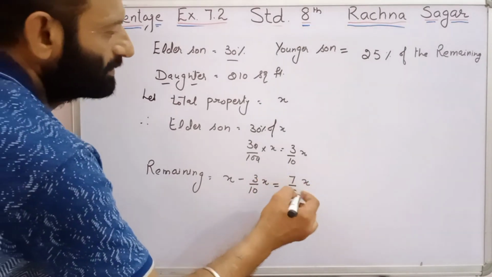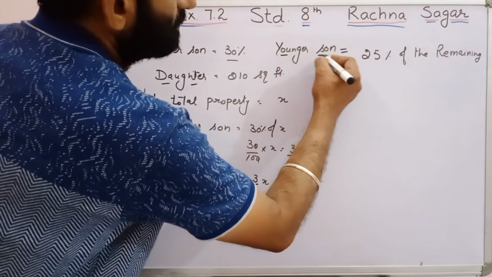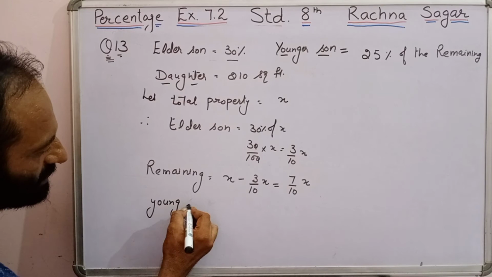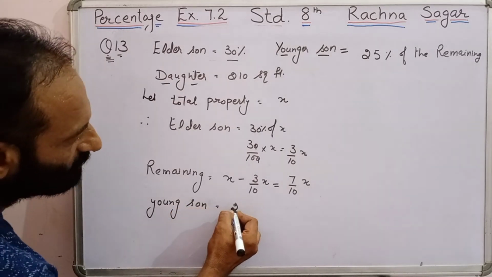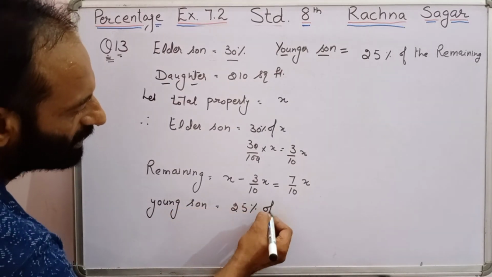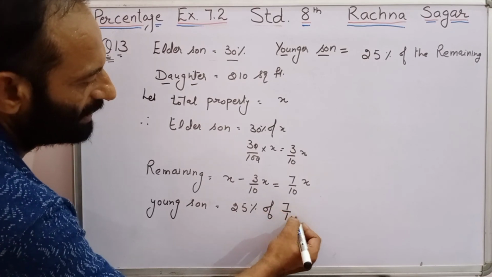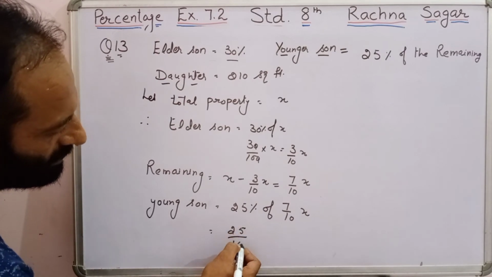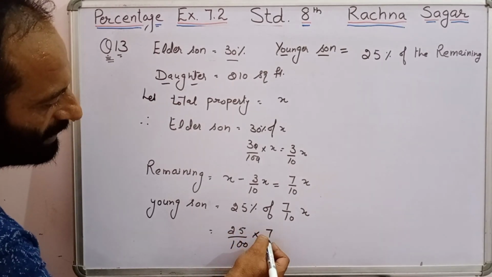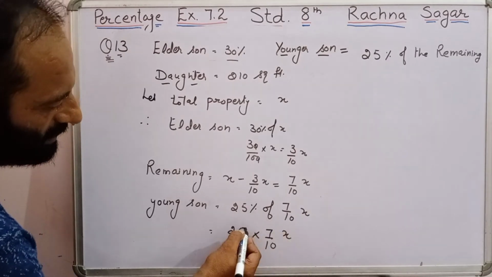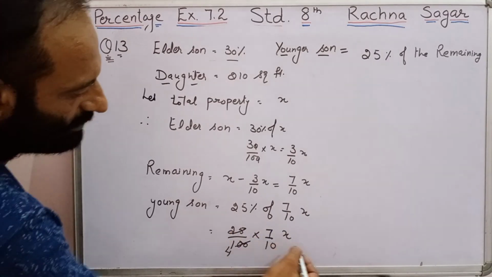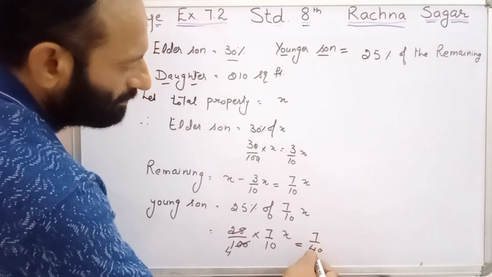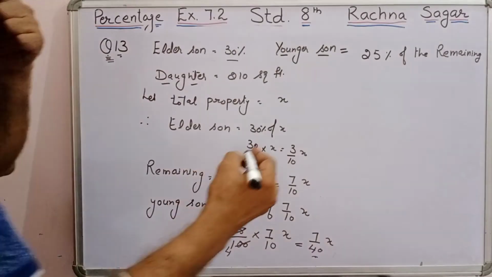Now 25% of this property is got by younger son. Therefore, younger son receives 25% of the remaining property of 7 by 10x, that is equal to 25 over 100 into 7 by 10x. It is 7 by 40x. Now the rest of the property is received by daughter.